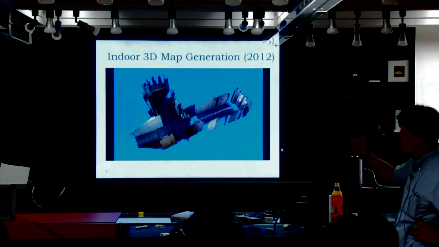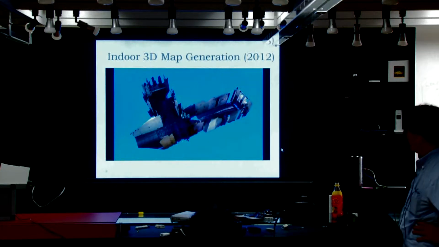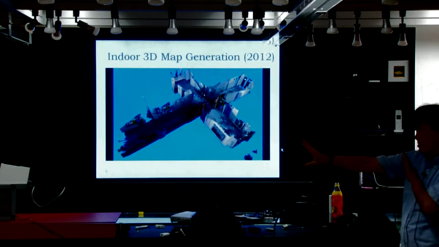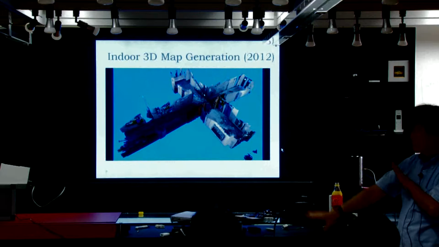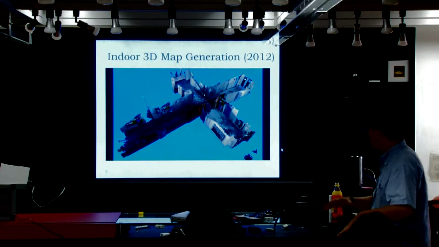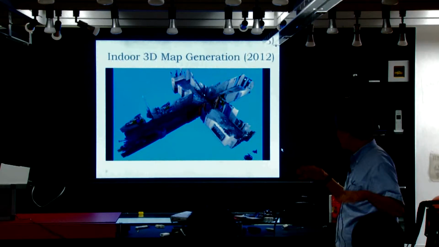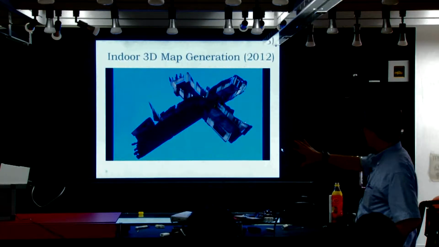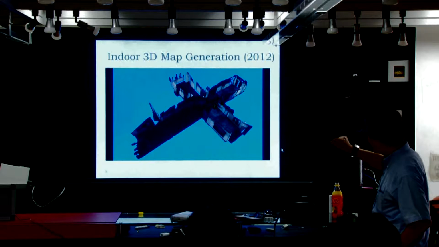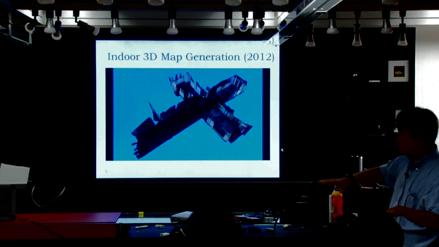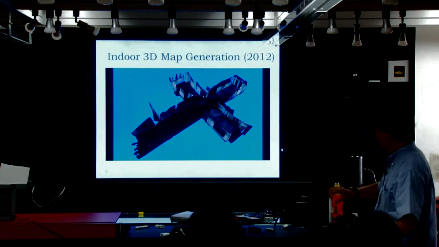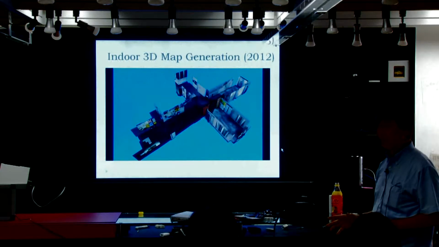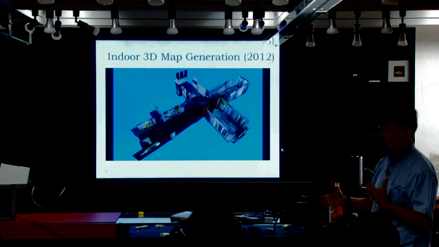Then sensing the three-dimensional data by using an RGBD camera, depths and the colors, and then adding color, then create this kind of three-dimensional data, and then estimating the plane. Just before that, it's just a point cloud, but it's difficult to manipulate a point cloud.